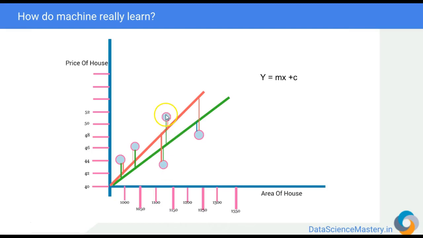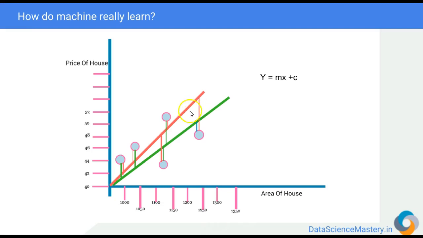So there is a difference. Let's say the difference is about 2. If I take all these differences and add them up, then the line where the differences are the minimum could be said to be the best representative of the model.